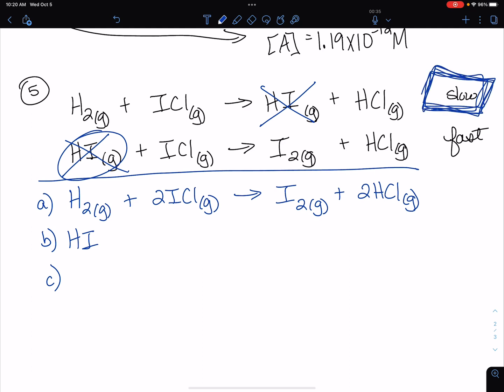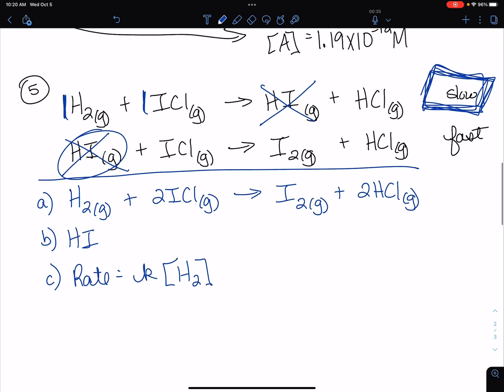And since they're elementary steps, the rate laws follow their coefficients, a 1 on hydrogen and a 1 on ICl. Therefore, the rate law for the overall equation is rate is equal to K times the concentration of hydrogen raised to the first power times the concentration of ICl raised to the first power. And you don't have to write the 1 because it's understood. And that is the kinetics worksheet.